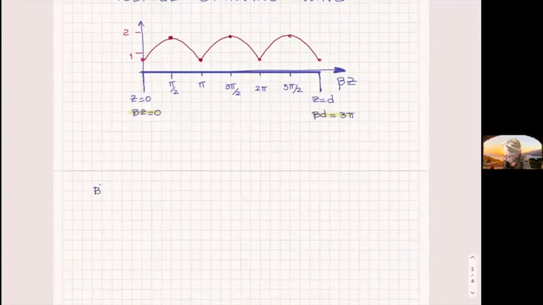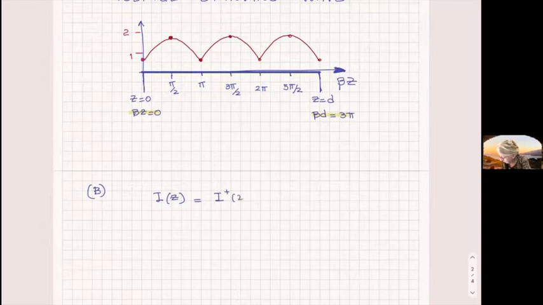So the current, if you remember, is going to look like I plus of z plus I minus of z, which is going to be equal to I naught plus e to the minus j beta z plus I naught minus e to the j beta z, which according to our formula is going to be 1 over z naught.